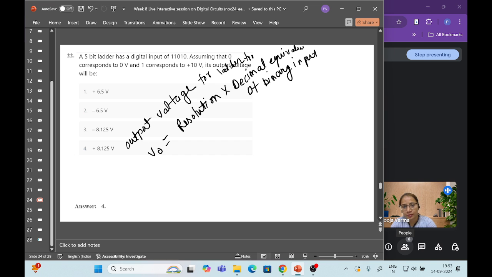So what will be the decimal equivalent of this binary input, 11010?